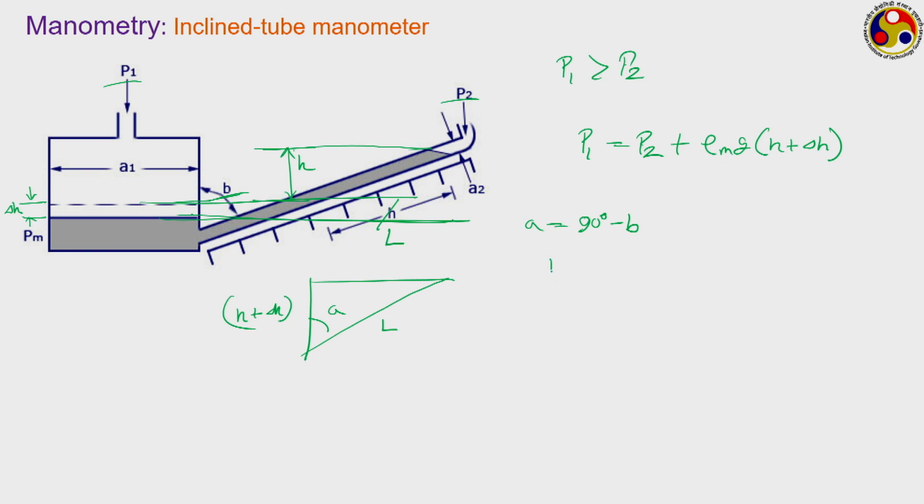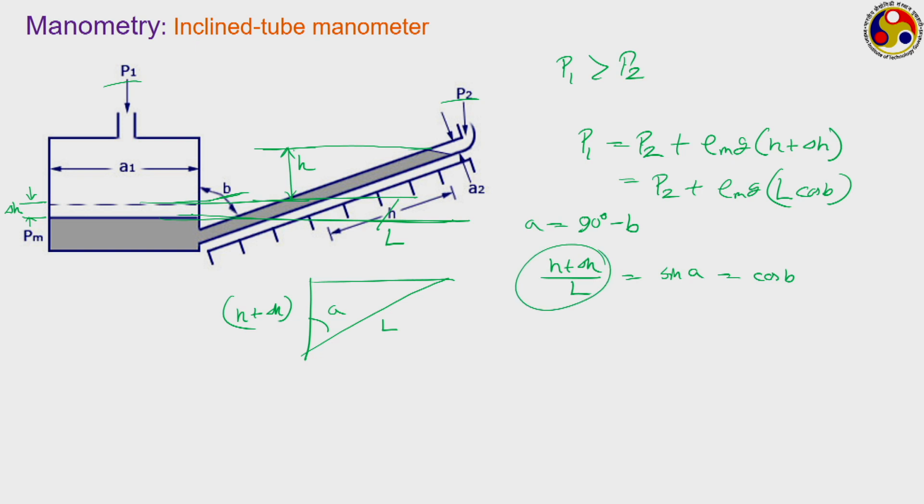So, h plus delta h divided by L is equal to sine of A, that is cos of B. So, if I put it back here, it will be equal to P2 plus rho m g into L cos B. By changing the value of B, we can keep on changing the value of L or this particular ratio itself.